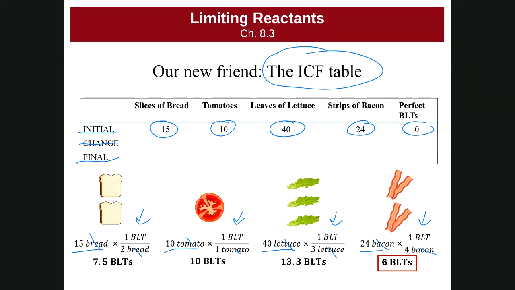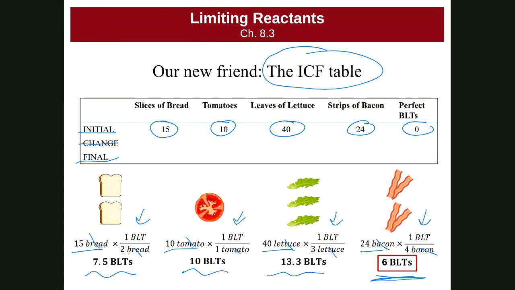And we end up with, we could make 7.5 BLTs if we were only worried about bread. We could make 10 BLTs if we were only worried about tomatoes. We could make 13.3 BLTs if we were only worried about lettuce. But we can only make 6 BLTs with the amount of bacon we have. So bacon is our limiting ingredient. We run out of bacon first.